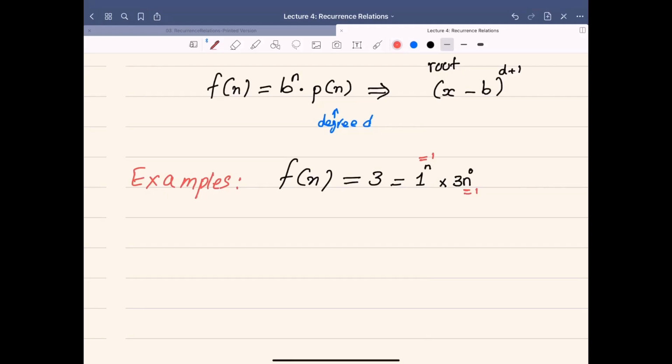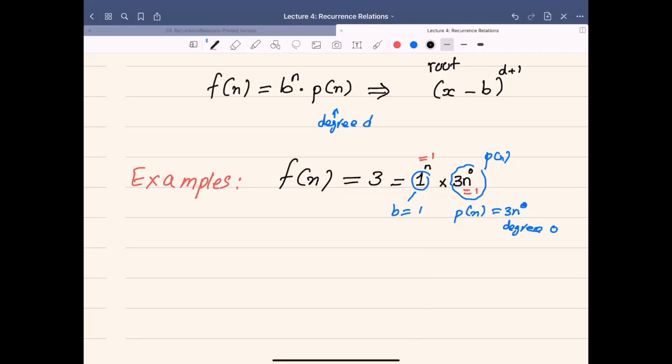So what is the value of b in this equation? This is the value of b. And this is the value of the polynomial, which is p of n. So I can write them separately: p of n is equal to 3n to the power 0, and this is degree 0. So what will be the root?